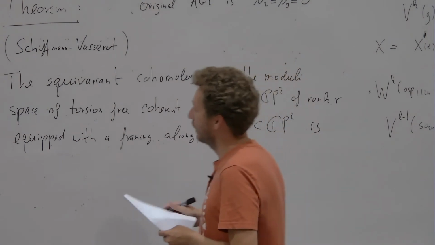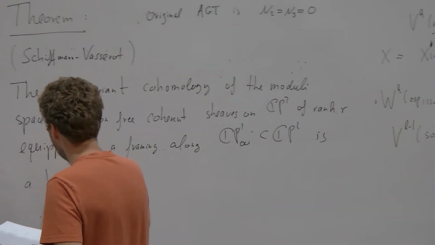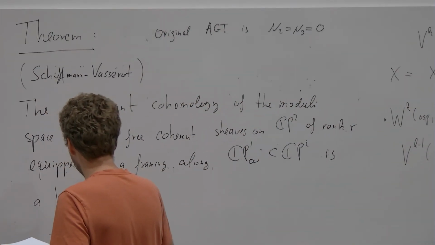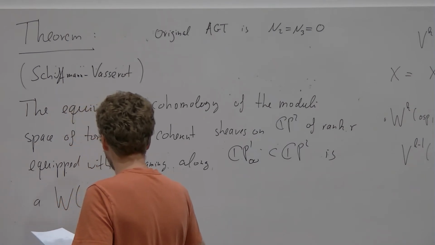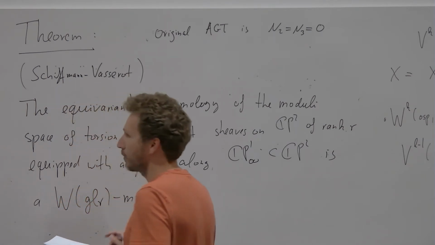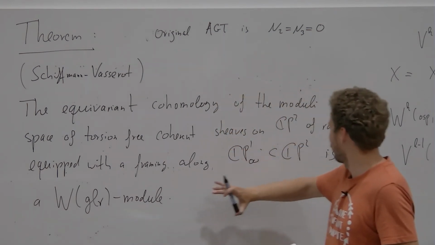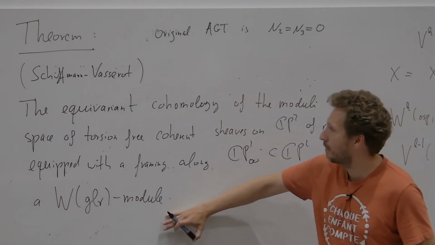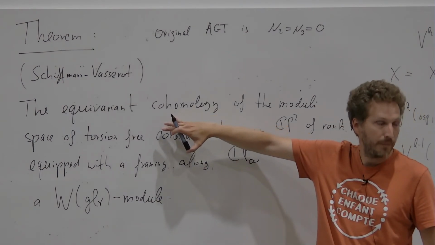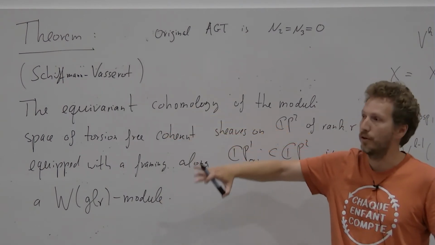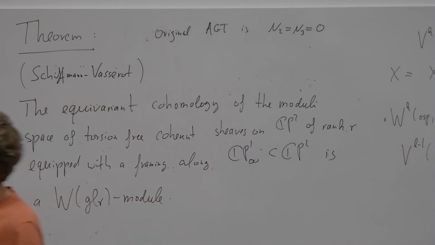The first statement is it is a module for the principal W algebra of GL_R. So that is good. But now we also want to, so this means the W algebra acts on the equivariant cohomology of the moduli space. That's also true here in general, and that is something.